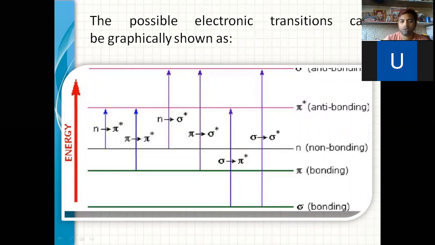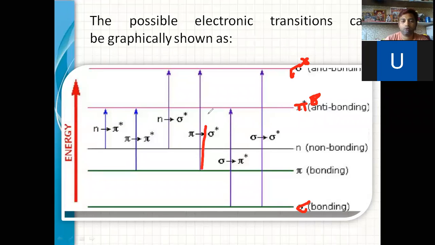Sigma to sigma star, then sigma to pi star. Then we have pi to pi star and pi to sigma star.